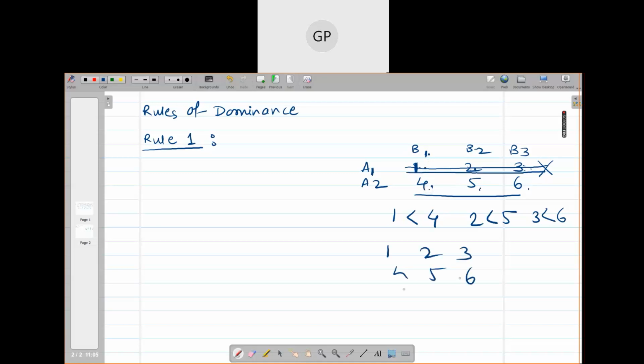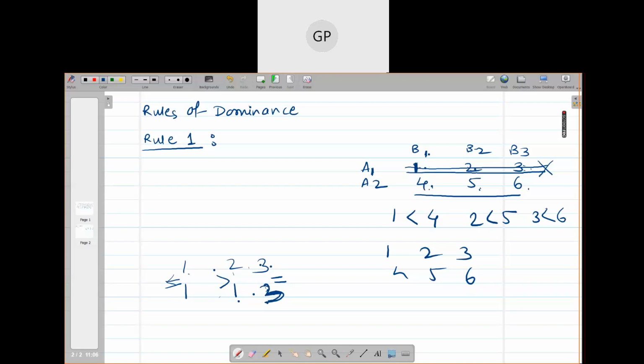But if I write this in reverse, 1, 2, 3, and say this is 1, this is 1, and this is 2, or this is 3, then this dominance is not clear. 1 is equal to 1, 3 is equal to 3, but 2 is greater than 1. So dominance is not clear. The corresponding elements must follow the dominance, okay.